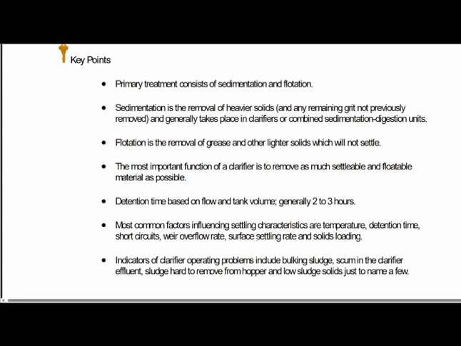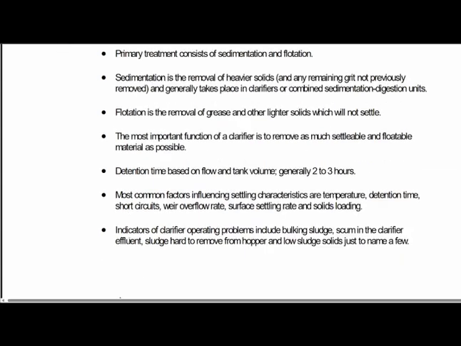Those were all those equations we went over previously. Indicators of clarifier operating problems include bulking sludge, scum in the clarifier effluent, sludge that's hard to remove from the hopper, and low sludge solids, just to name a few.